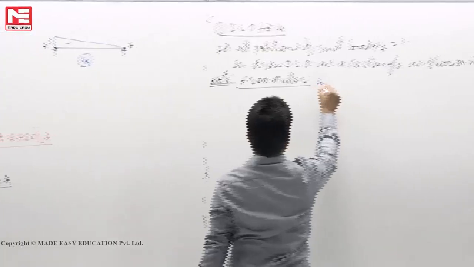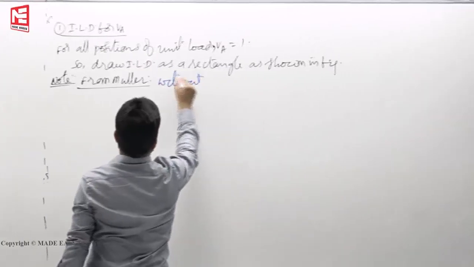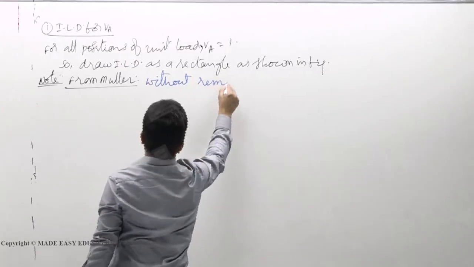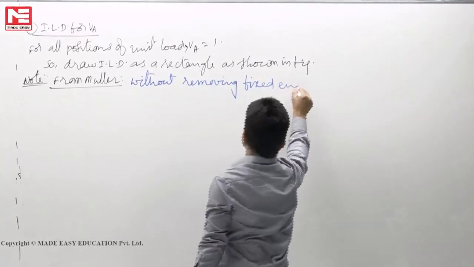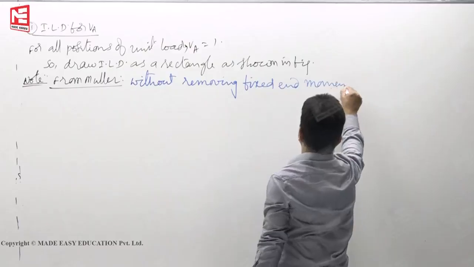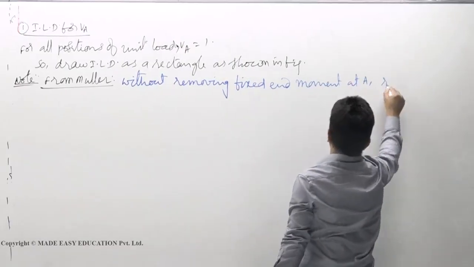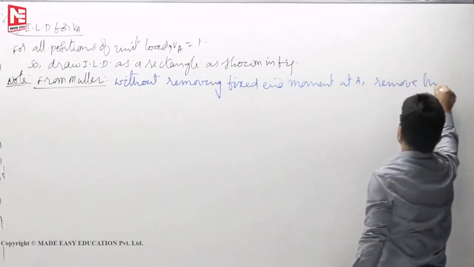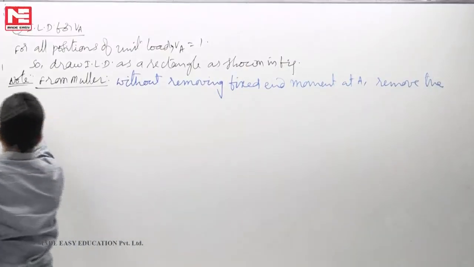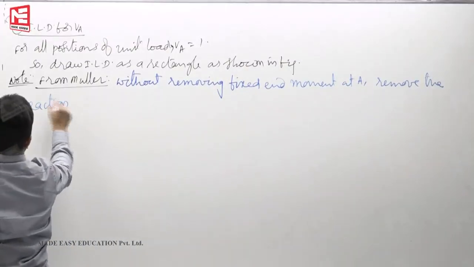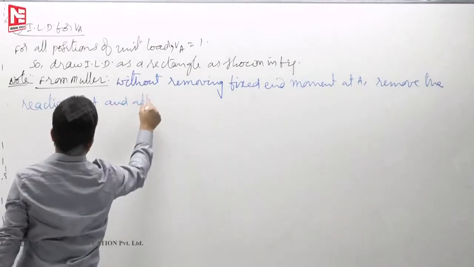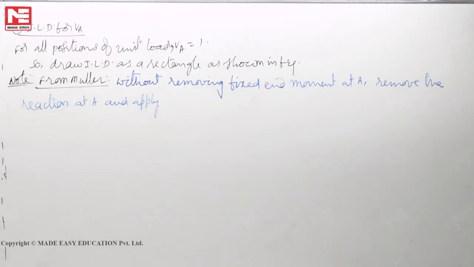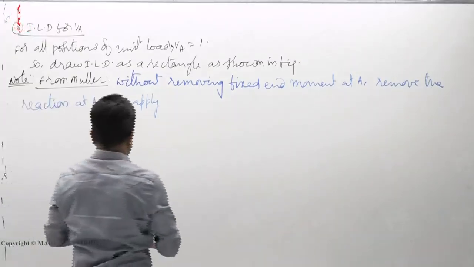This is the process. Without removing the fixed end moment at A, remove the reaction at A and apply unit vertical displacement.